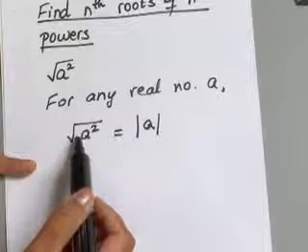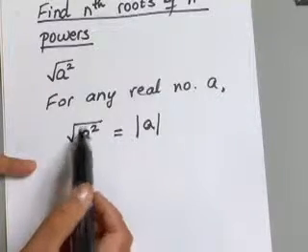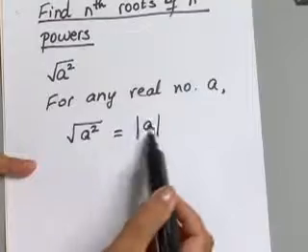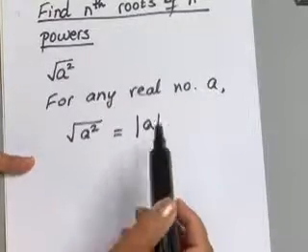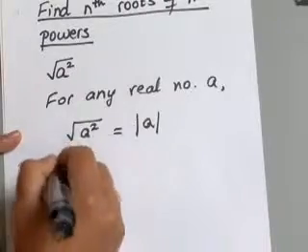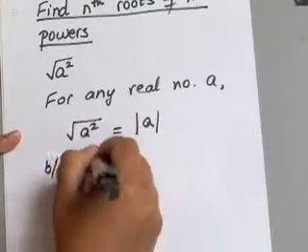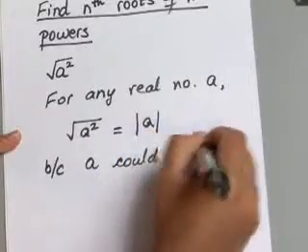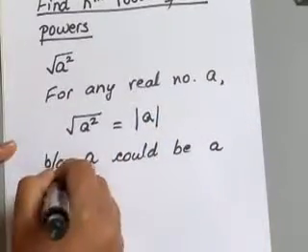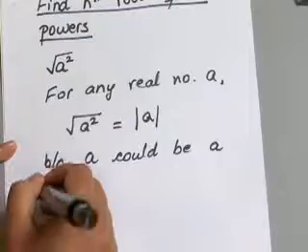If you have a negative number here and you square the square root of that, you always end up with a positive number. That's why we're using the absolute value here. And as I said, because a could be a negative number, so for positive or negative, this statement will be true.